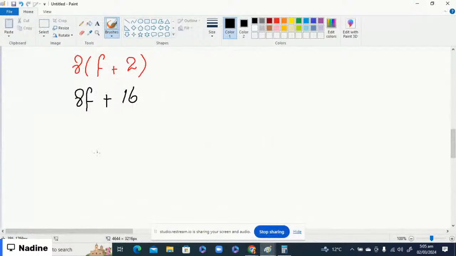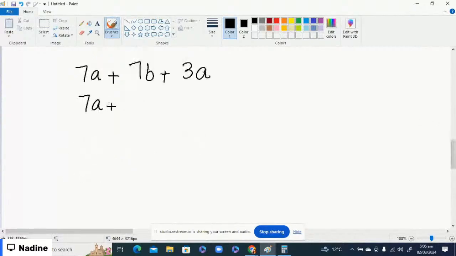Now if I write here 7a plus 7b plus 3a, what does it mean? First of all, combine the same terms, that is 7a, add up with 3a, then plus 7b as it is. So 7a plus 3a, what is the answer?